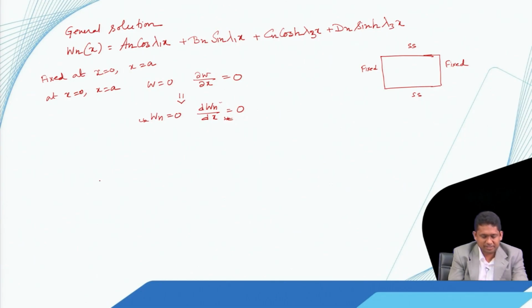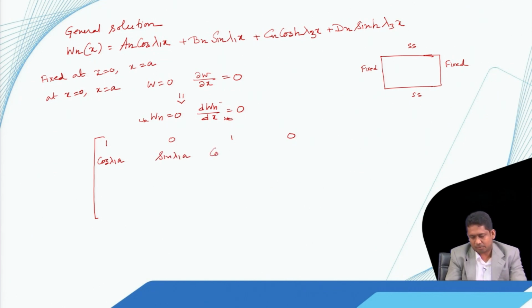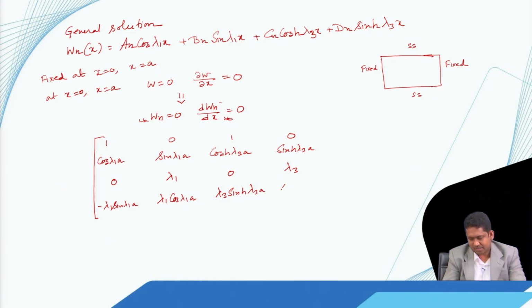So those 4 equations can be written in a matrix form in this way: 1, then we have 0, then we have 1, and then we have 0, then cosine lambda 1 a, and we have sine lambda 1 a, and we have cosine hyperbolic lambda 3 a, and we have sine hyperbolic lambda 3 a, and then we have 0, lambda 1, and then we have 0, lambda 3, and then minus lambda 1 sine lambda 1 a, lambda 1 cosine lambda 1 a, lambda 3 sine hyperbolic lambda 3 a, and we have lambda 3 cosine hyperbolic lambda 3 a.